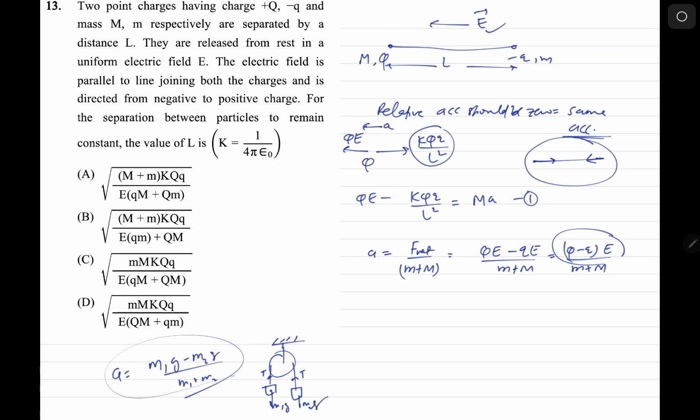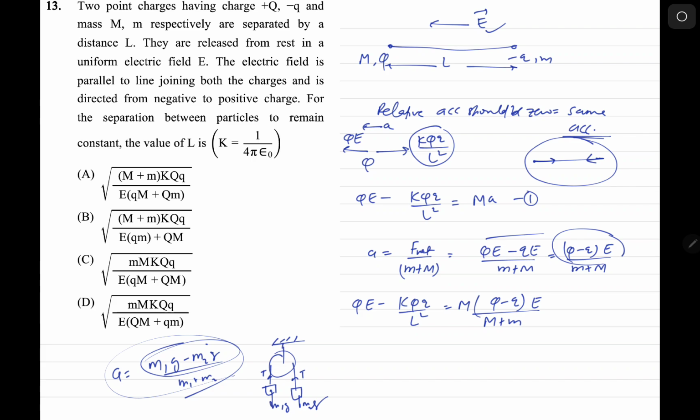We don't consider the tension because the tensions are internal forces and these are the net forces. So that's what we did here. You can compare it. Now put this acceleration in equation 1, QE minus, and I hope you'll get the answer from here. Q minus small q E by M plus small m. Just do the calculation.